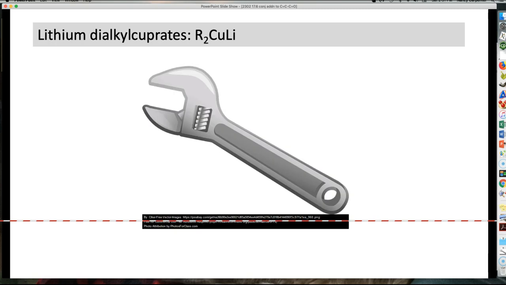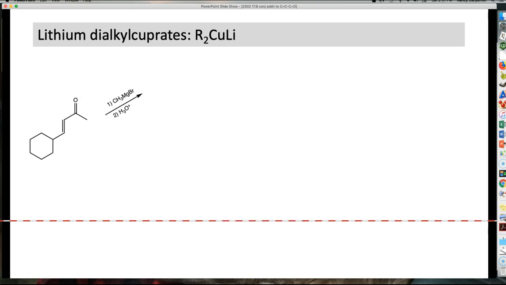And now we throw in the wrench. What do we make of this new nucleophile, the dialkyl cuprate? Well, here is a perfectly good conjugated ketone. And if I add a Grignard, as expected, I would get 1,2. And if I add an organolithium, as expected, I get 1,2.